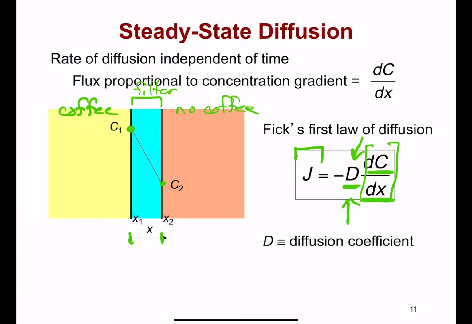Okay, so this diffusion coefficient is important, and it describes how quickly one material can diffuse through another material.